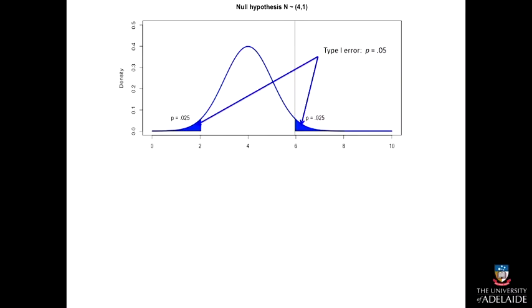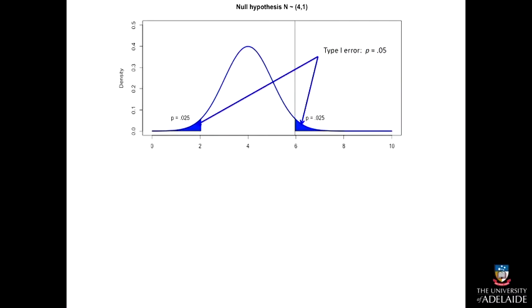So that's what that means at the top of the slide there. The null hypothesis distribution says whatever we're measuring has a mean of 4 and a standard deviation of 1. And so because it's a normal distribution, that's what the N stands for. It says N is distributed normally with a mean of 4 and a standard deviation of 1.